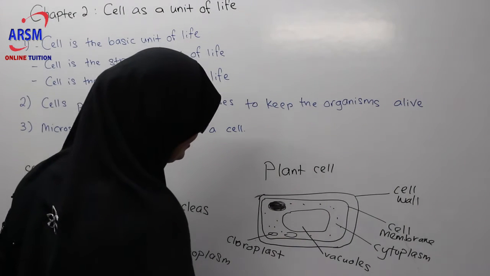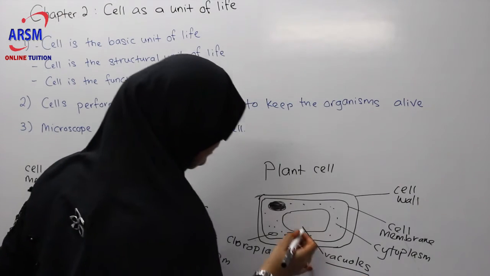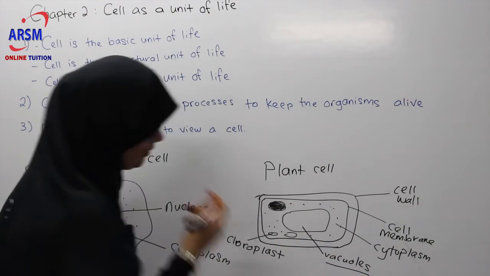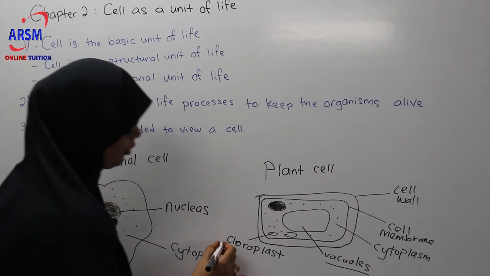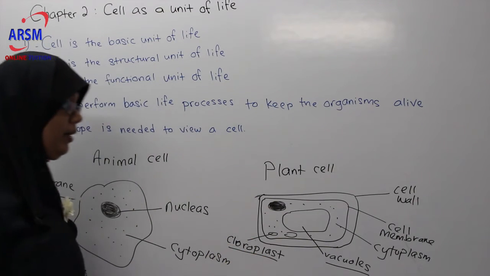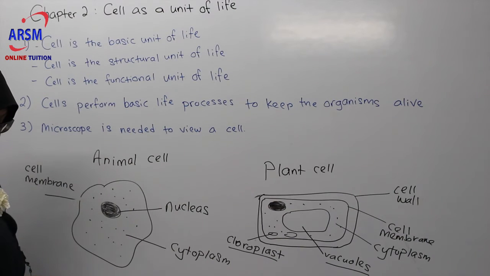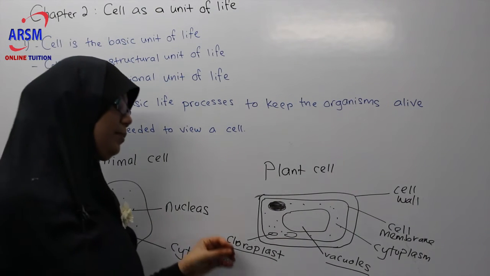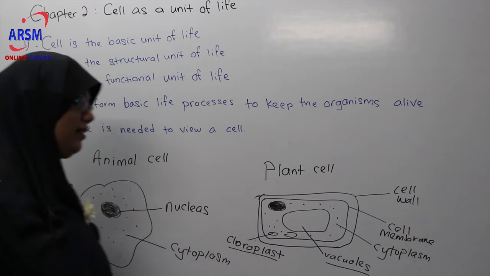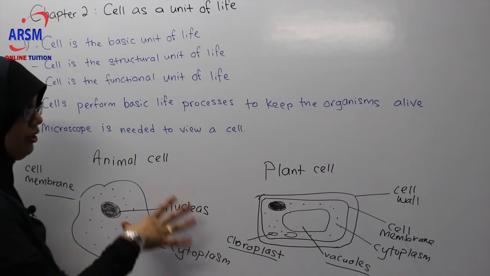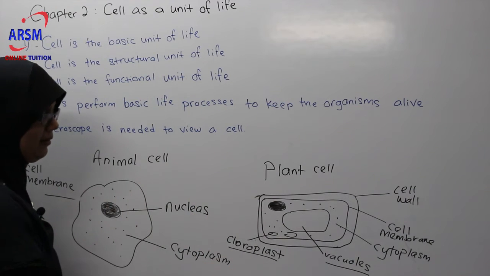The vacuole acts as a water tank. Chloroplasts contain chlorophyll, which takes part in photosynthesis. So this is the main thing you must know: the structure of animal and plant cells.